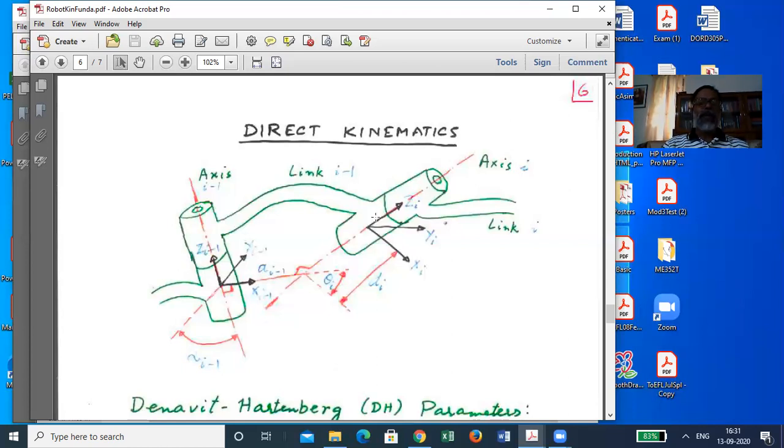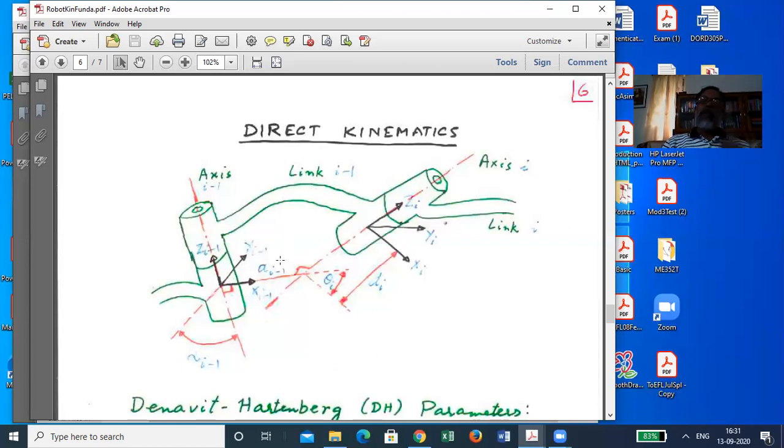It was proposed by Denavit and Hartenberg, and this is a very universally applicable convention, so everybody has accepted it. So at the common perpendicular, you put the origin of the link frame i minus 1, which is attached to this link.